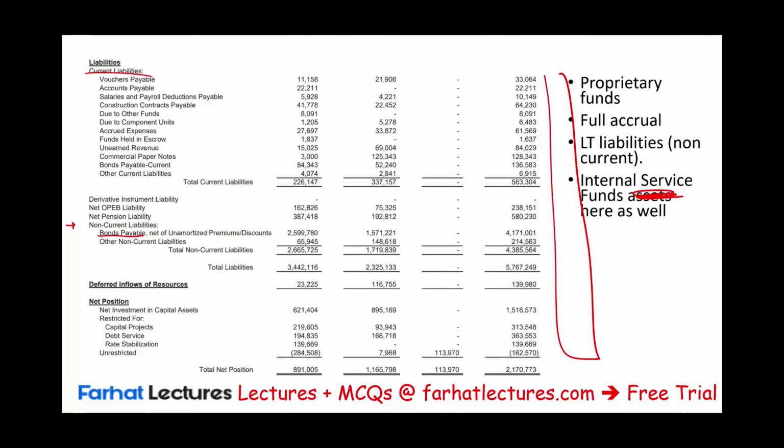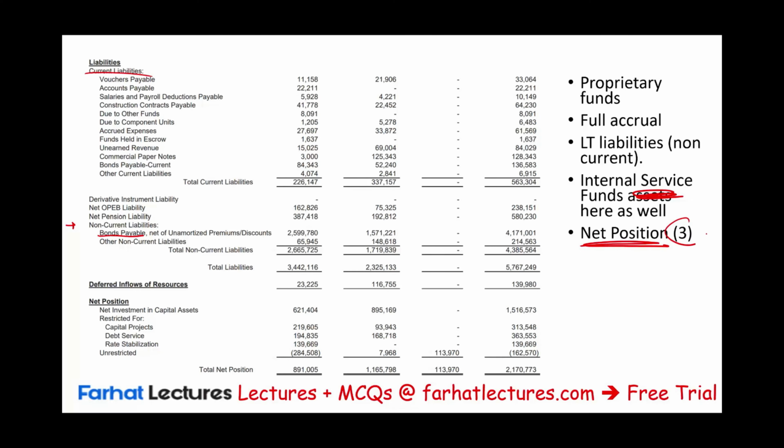Also, what you need to know is we report the fund net position, and we have three types of fund net position. We could have restricted net position, unrestricted, and net investment in capital assets. Net investment in capital assets is 1, restricted is 2, and unrestricted is 3. We have three positions.